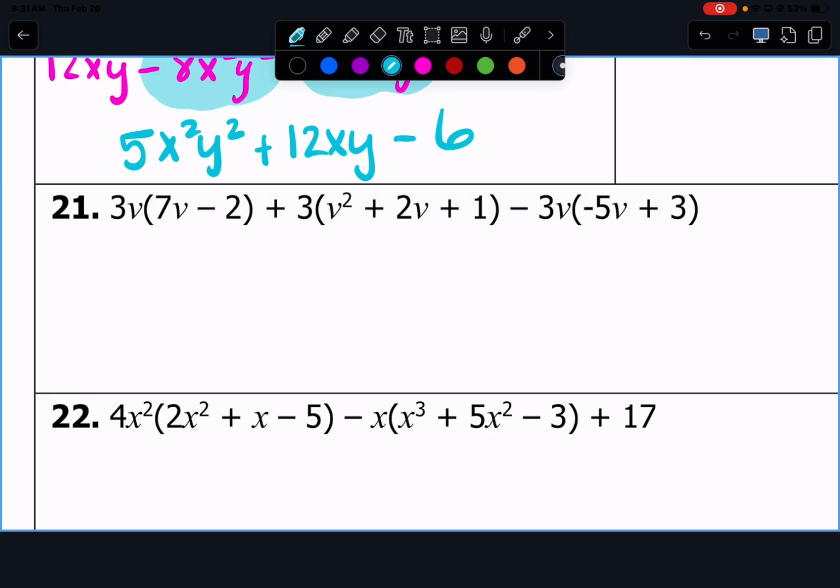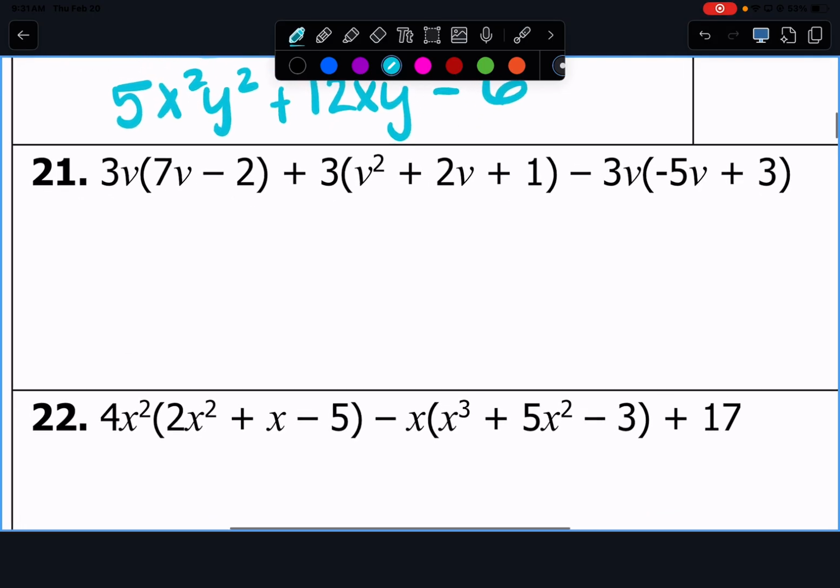Let's look. Okay, so we're going to do negative 3v times 7v, which is 21v squared. Negative 3v times negative 2 is? Okay, now we have to go to the next term. So 3 times v squared is?